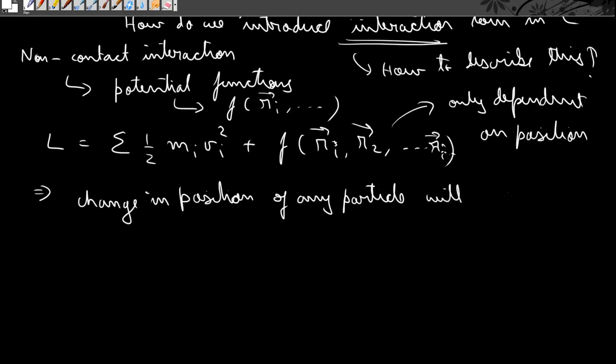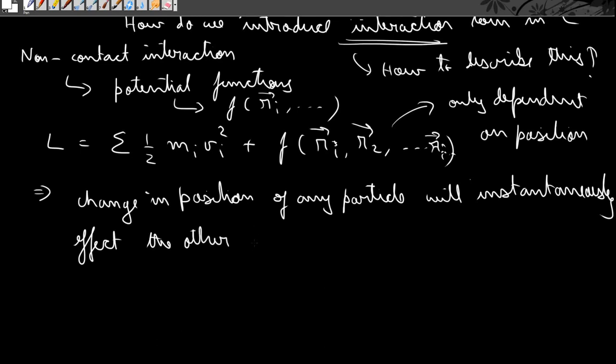So it will instantaneously affect the other particles. This means that there is no delay when a particle moves, and the information that the particle has moved is in turn seen by the other particles because of the potential change, right?